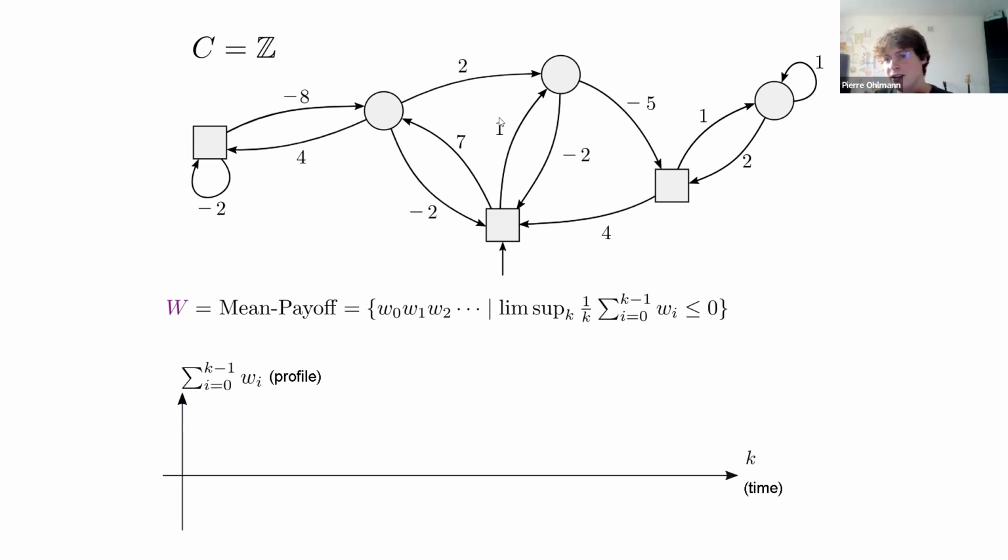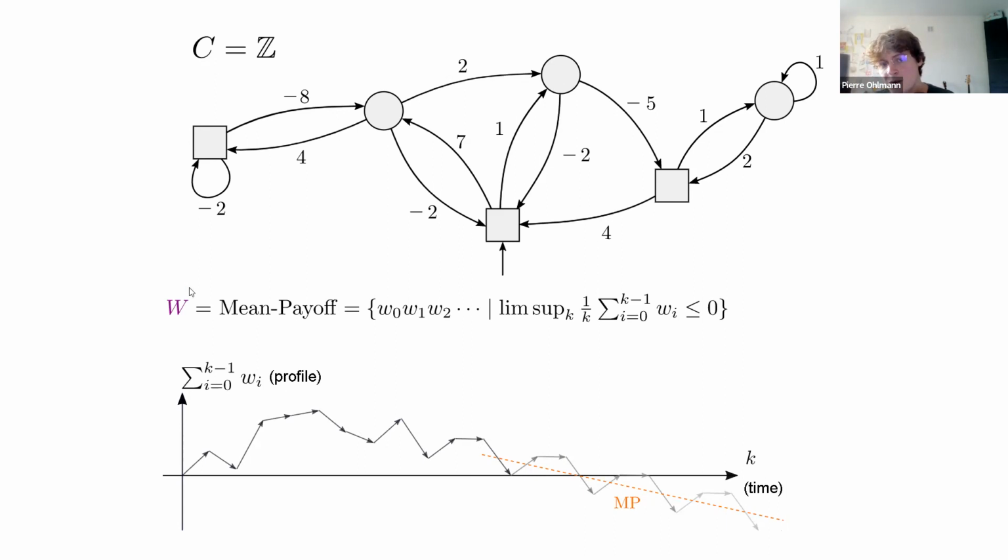Whenever we play in the game, whenever we visit an edge, we update the partial sum up to now. We add or subtract the weight, and this draws a curve like this. What we care about is what happens in the long run, so you should think about plays that are cycling. That's the important case. In this curve, in the long run, it's going down.